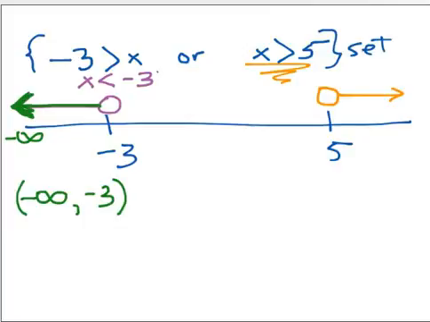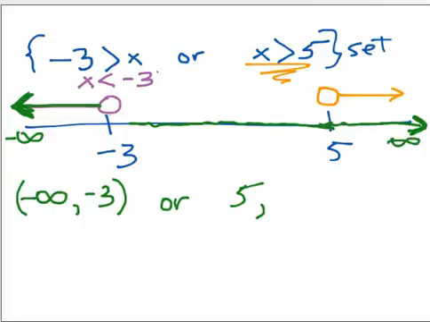Now, we still have more numbers up here that can be answers, so we're going to have to write an or, and we're going to go up here and follow our little number line, and we realize that we have another set of answers up here, and the lowest in this set is 5. What is the highest in this set? Well, this goes forever, doesn't it? It goes to infinity.